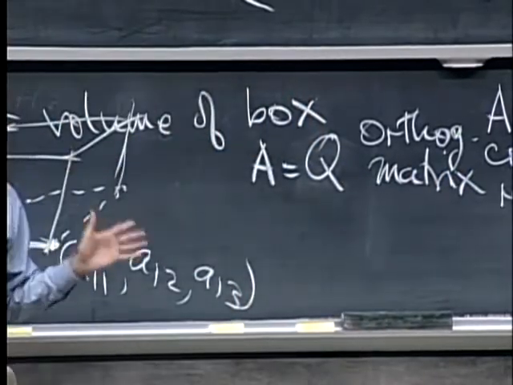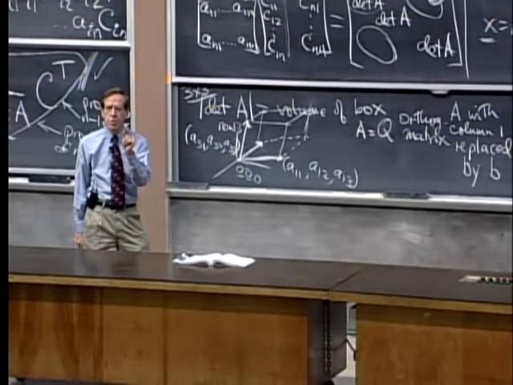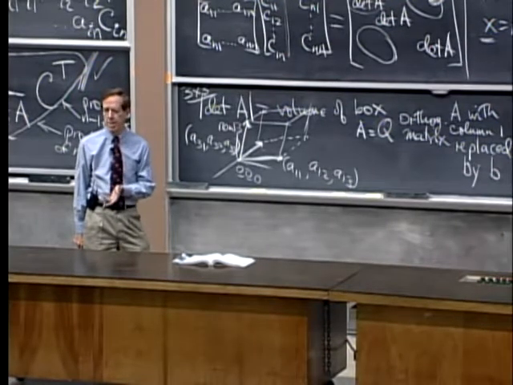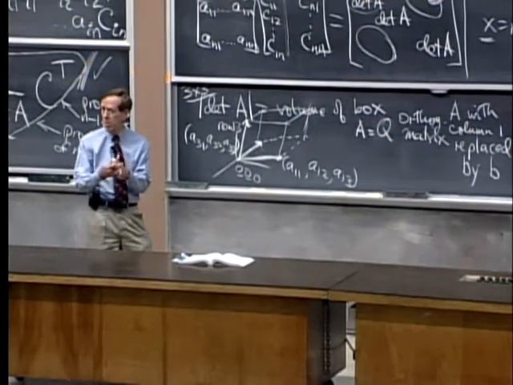What was Q then? That was a matrix whose columns were orthonormal, right? Its columns were unit vectors, perpendicular unit vectors.